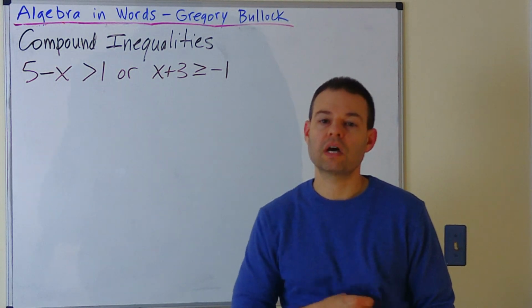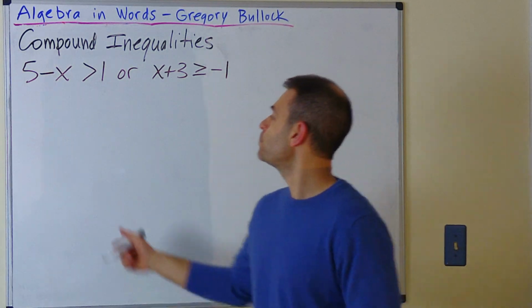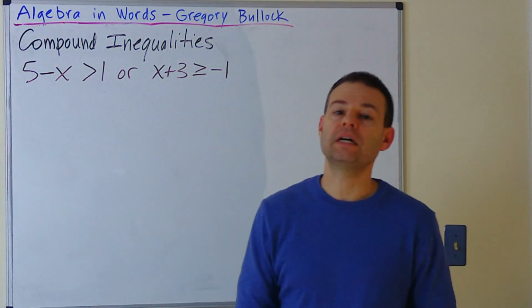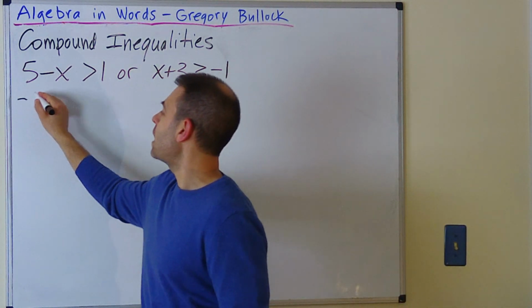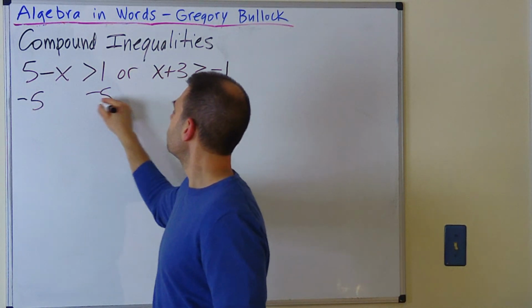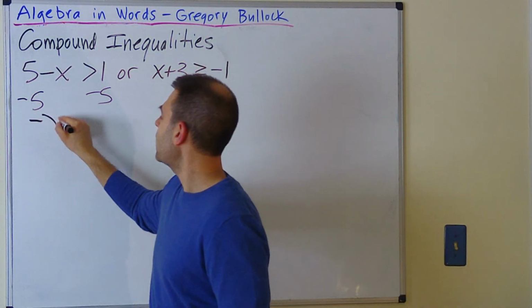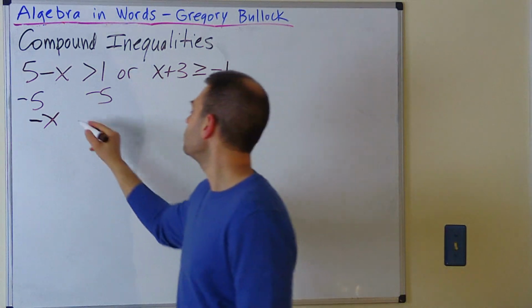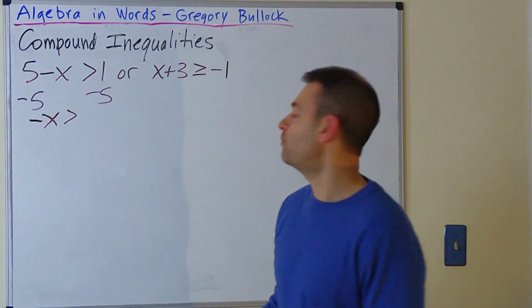So we're just going to solve it, and that means just getting x alone. So to do that, notice that we have a 5 on the left. Let's subtract 5 from both sides. And then that's going to give us negative x is greater than, and 1 minus 5 is negative 4.